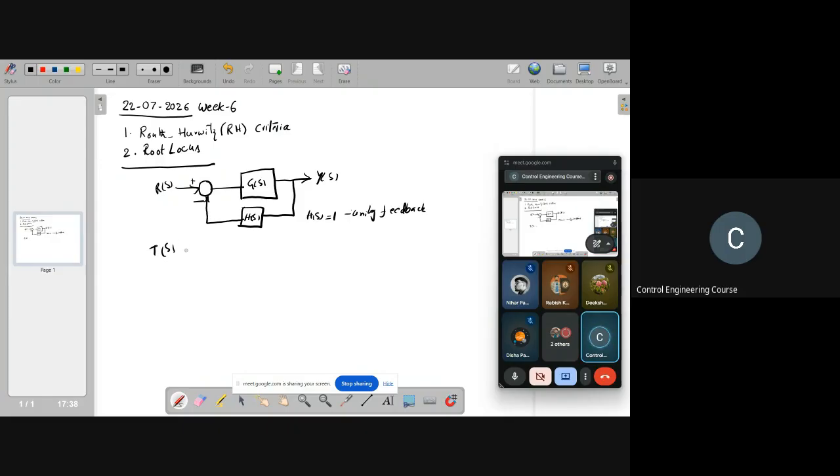So you compute the transfer function of the given system, that is G(s) divided by 1 plus G(s) into H(s), right? So this is called the characteristic equation of the system.